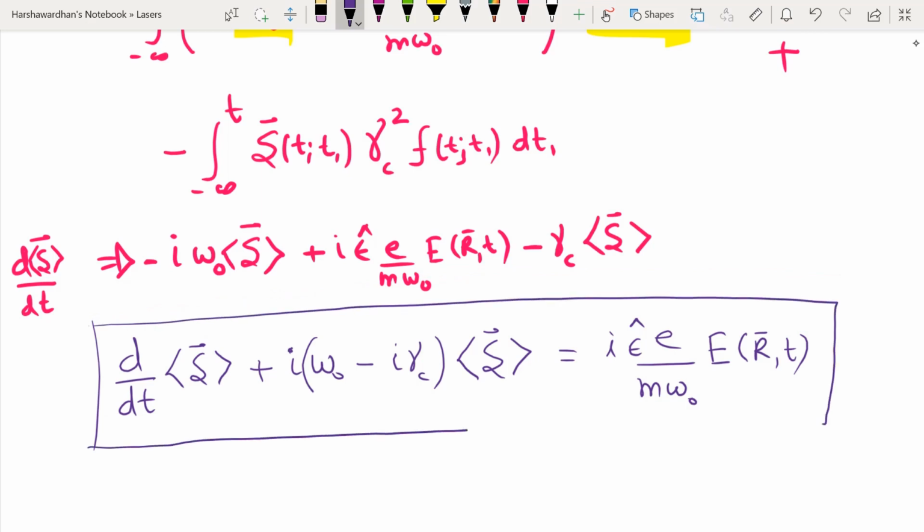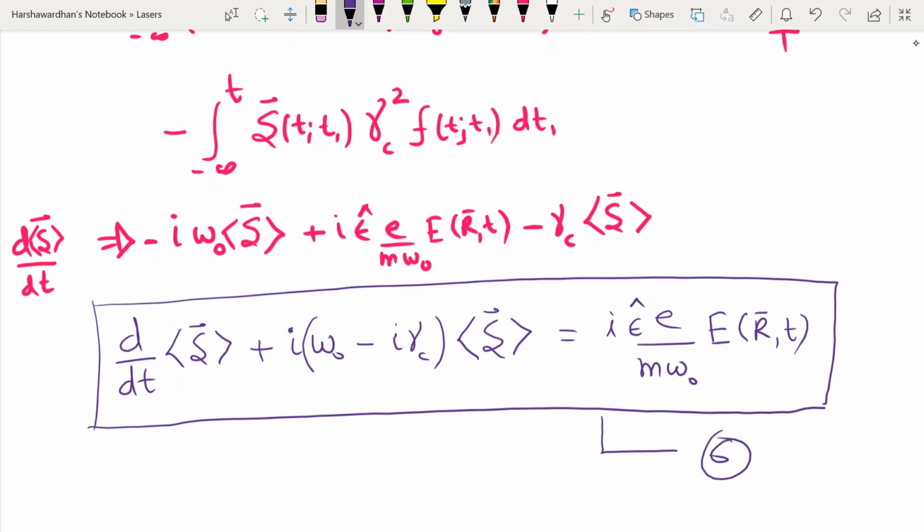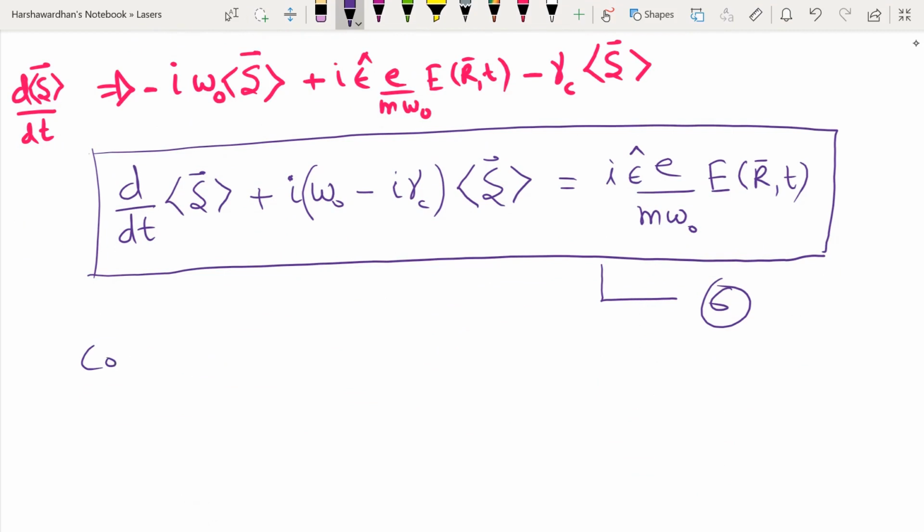So this becomes my new operational equation, and you can clearly compare equation 6. I would urge you to compare equation 6 with equation 3, and you will see all that one has done is basically introduced this factor, right?